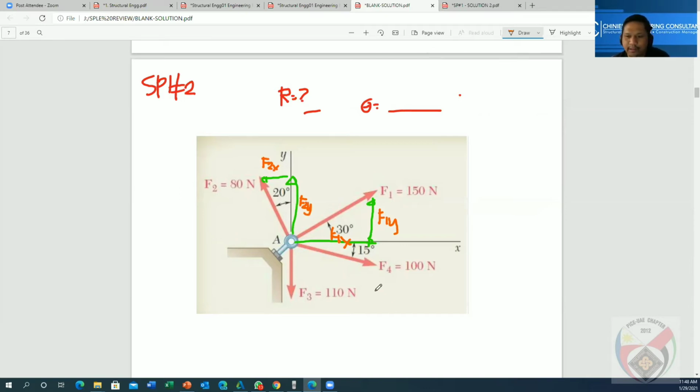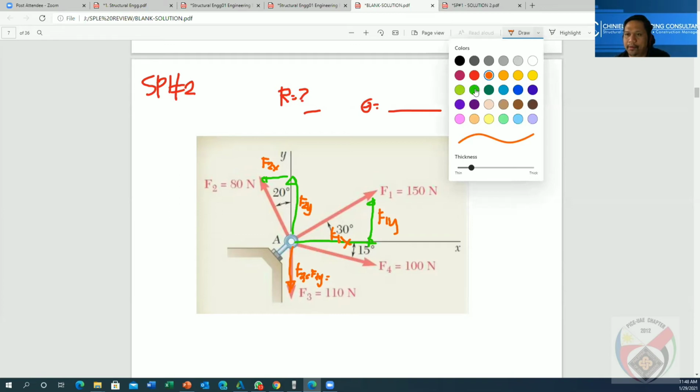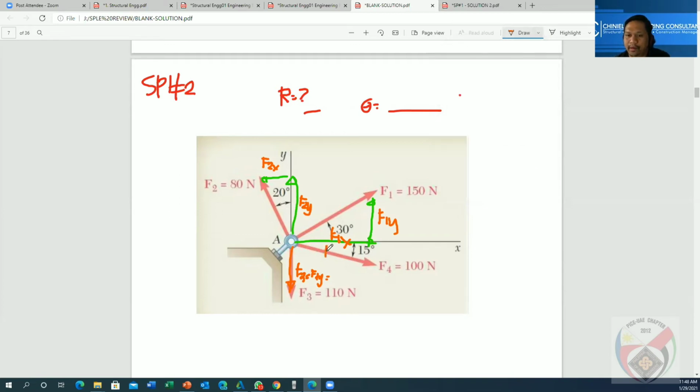Okay? Then F3 is already on the y. F3 equals F3y equals 110. Then F4, meron tayo dito F4x and then meron tayo dito F4y.